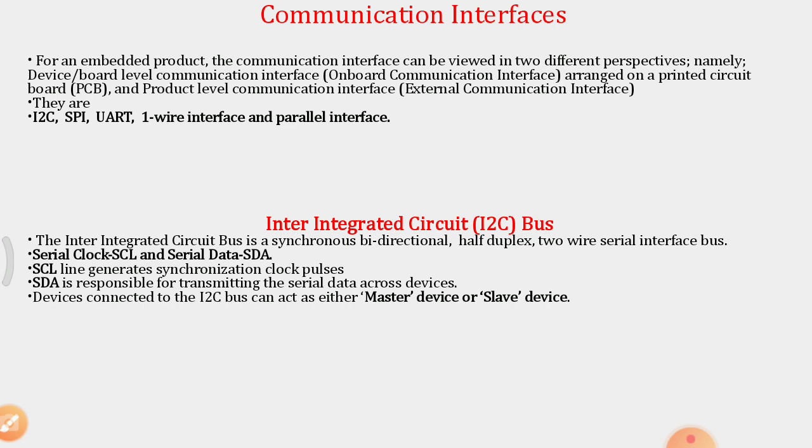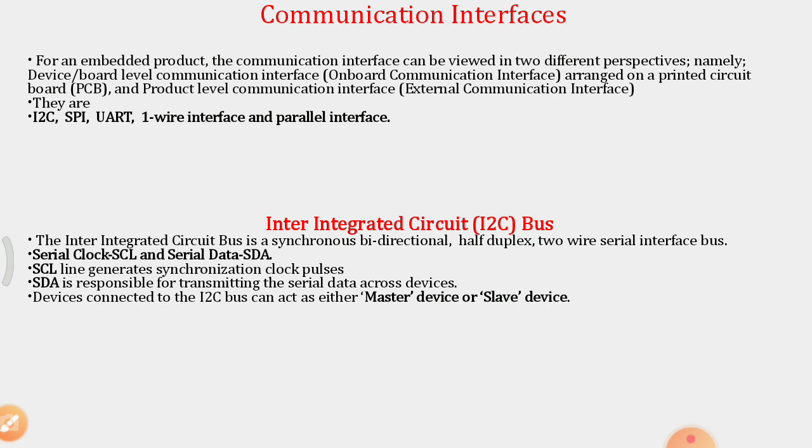Here we will see the first one, the I2C bus, which is also called the inter-integrated circuit. Basically I2C is a synchronous, bidirectional, half duplex and two wire serial interface bus.